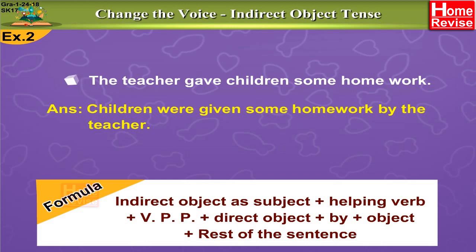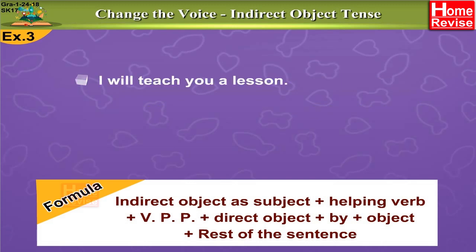Let's take another example. I will teach you a lesson. The sentence is in simple future tense. Now, whom will I teach a lesson? To you. So you is the indirect object. Let's begin the sentence with you.